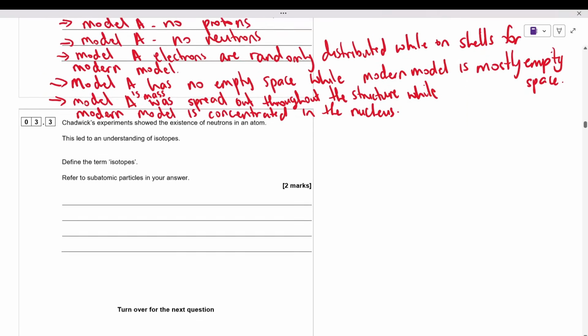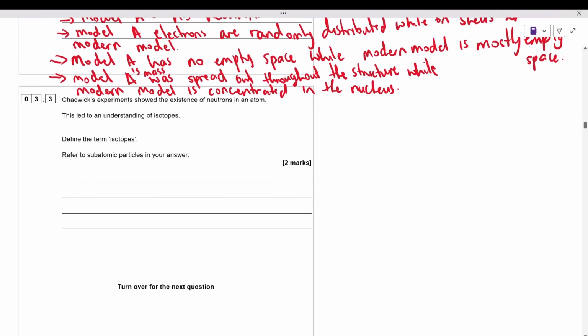Now for 3.3, Chadwick's experiment showed the existence of neutrons in an atom. This led to the understanding of isotopes. Now, define the term isotope, and in this, we are going to refer to the subatomic particles. Whenever you're defining isotopes, you must refer to the subatomic particles in order for it to be correct.